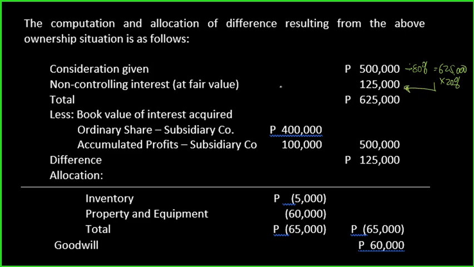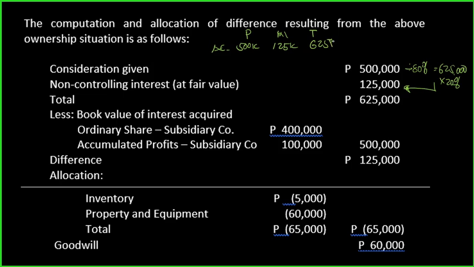125,000. Okay, so another way to show the computation of goodwill will be, yung ginagawa natin, huwag kayong magsasawa. So you have here yung sa parent for the subsidiary or minority interest, and then you have here your total. Acquisition cost, the parent paid 500,000, and the minority interest has a fair market value of 125,000, a total of 625.